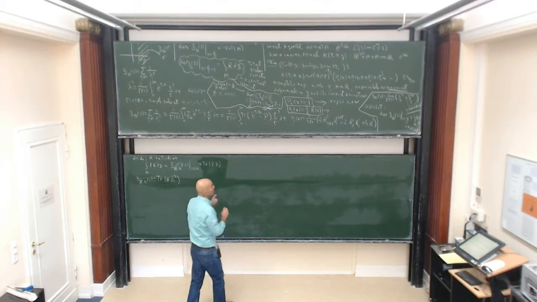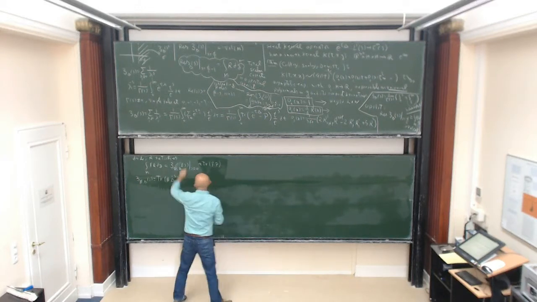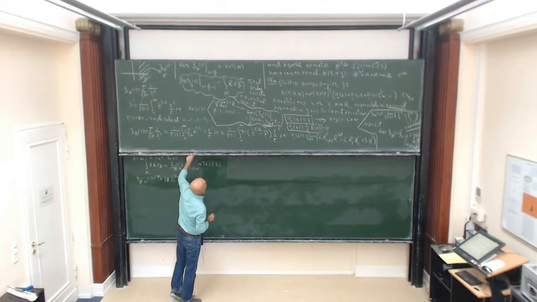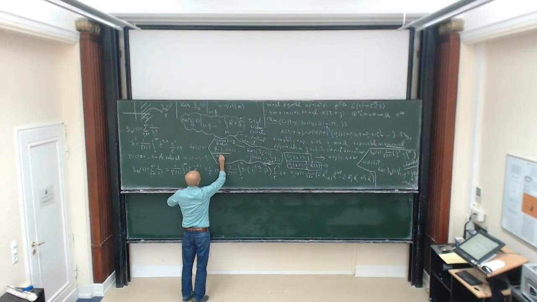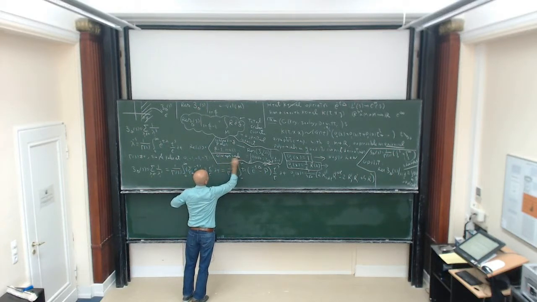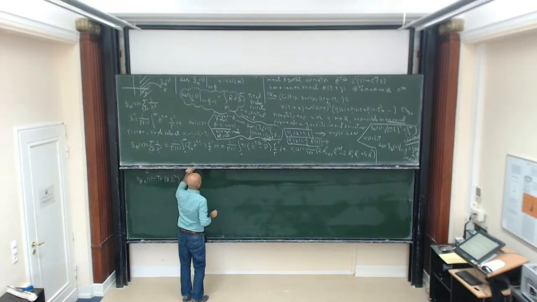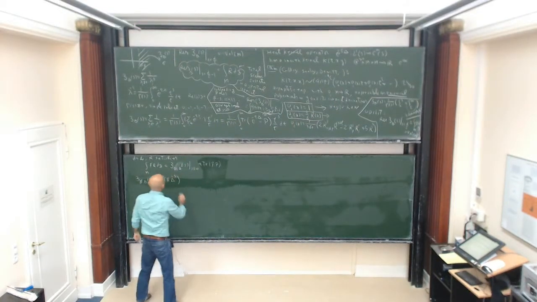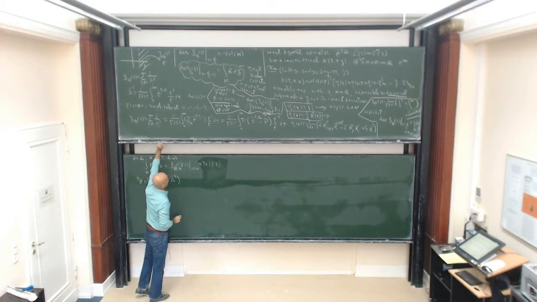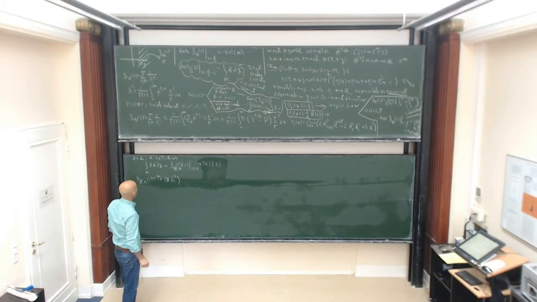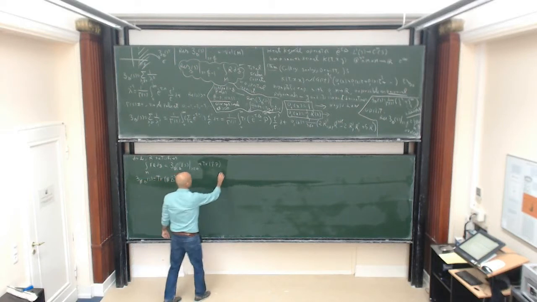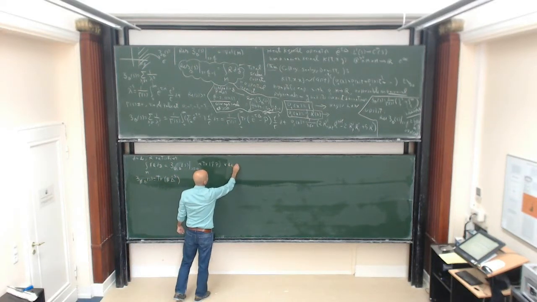There is no pole at s equal to 0. So in particular you can take their values, and the value at s equal to 0 makes sense. And this satisfies this equation for all f in C infinity of M.